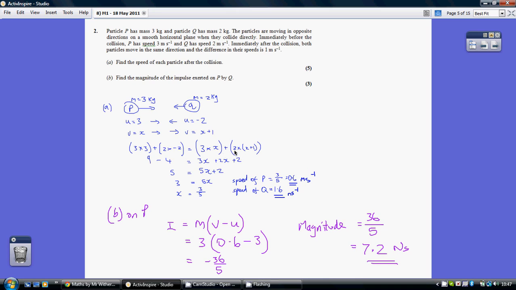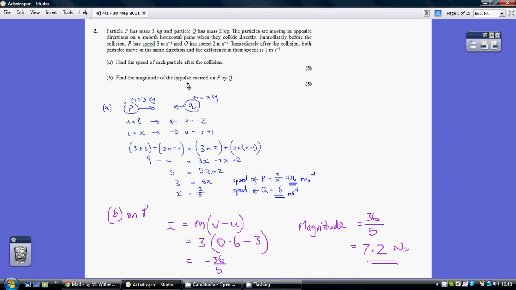Now remember, that's 2 lots of x and 2 lots of 1, so that's the 2x plus 2. So gathering up and rearranging, we get x being 3/5, which is 0.6. So the speed of P being x is 0.6, and the speed of Q being x plus 1 is 1.6.